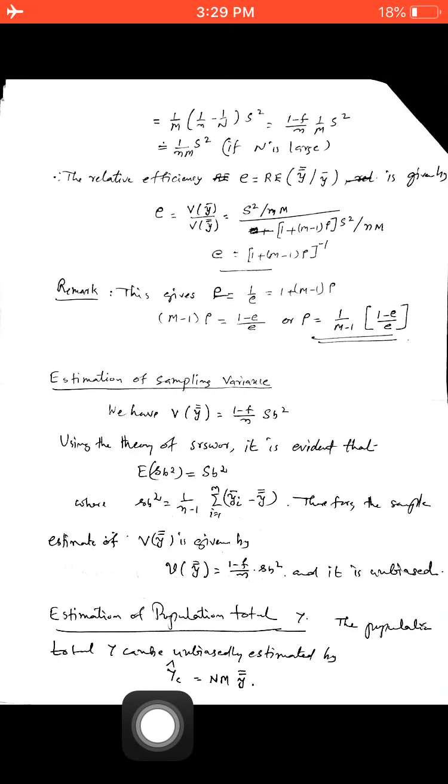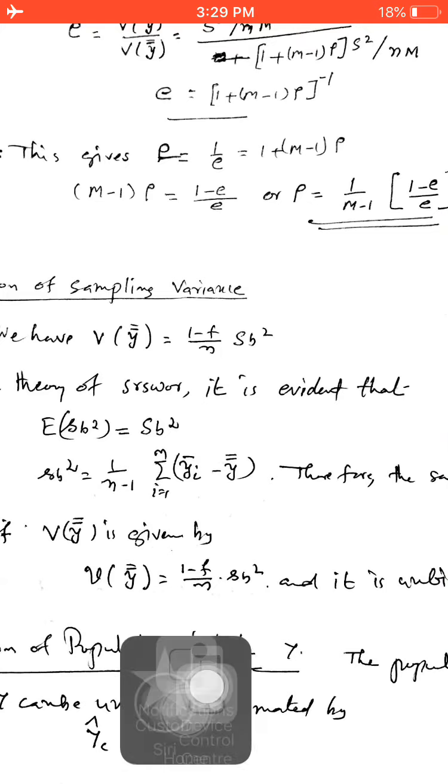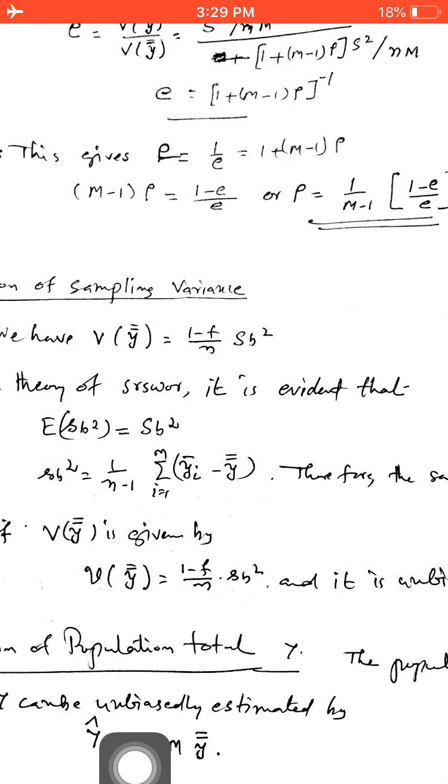Therefore, the estimator of population total under cluster sampling, y hat c, is equal to NM into small y double bar.